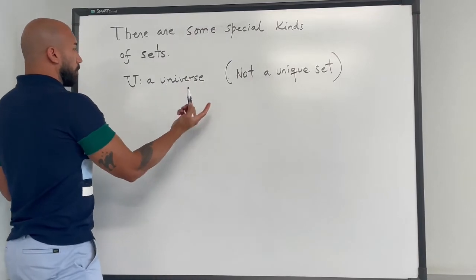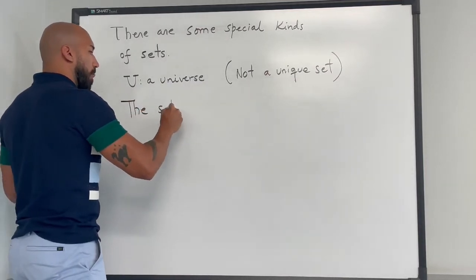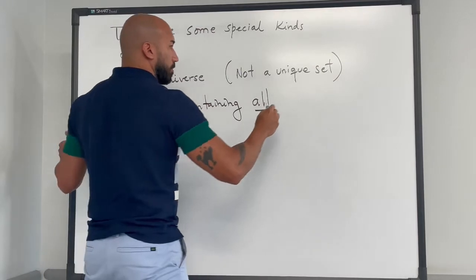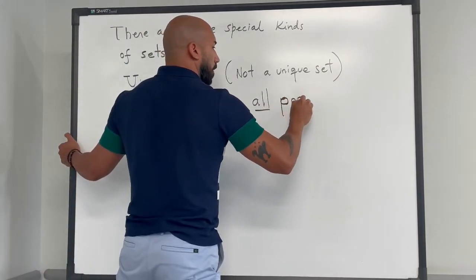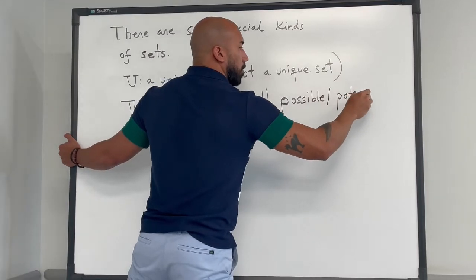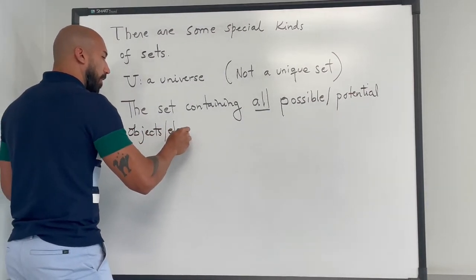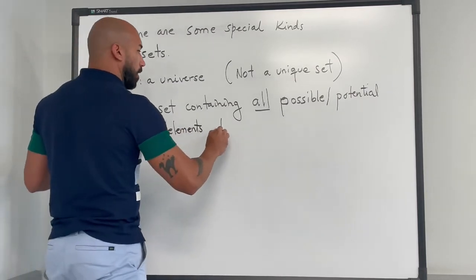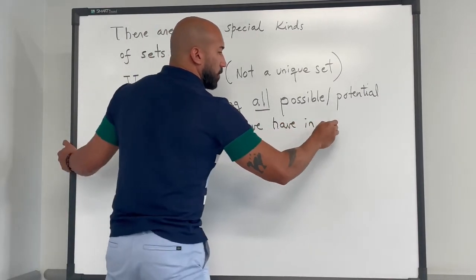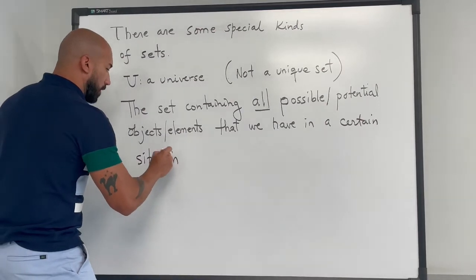When we talk about the universe, it is because we are talking about the set containing all possible potential objects, elements that we have in a certain situation or a certain scope.